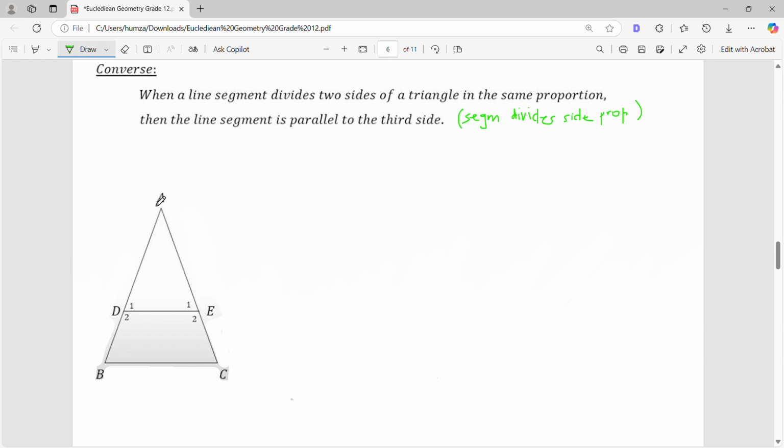So this is the triangle given, ABC and ADE.